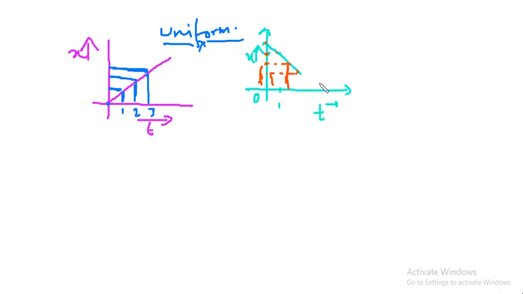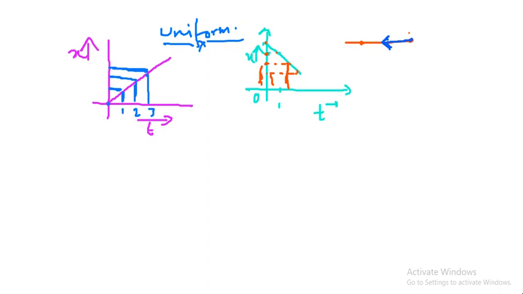So what is happening here is the particle was initially some distance away from the origin, and as time is increasing, it is moving towards the origin, it is coming back to the origin, and its velocity or its speed is constant. That's why it is a straight line. Okay, so it is returning to the origin and its speed or velocity is constant.